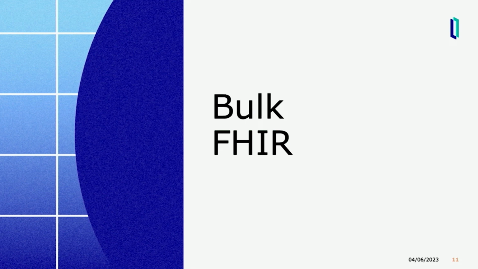So bulk FHIR is a much more efficient way of exporting large data sets as FHIR, and it is not an adaptation of the FHIR REST API, but rather it's a FHIR batch API that exports these batches, and they are in a different format from REST. If you want to understand that, talk to Pat Jameson over here, who's the person I would ask if I had to understand it better.